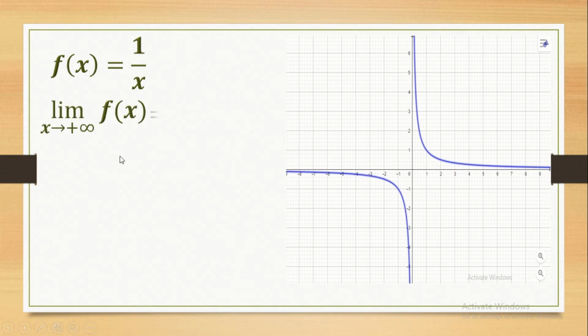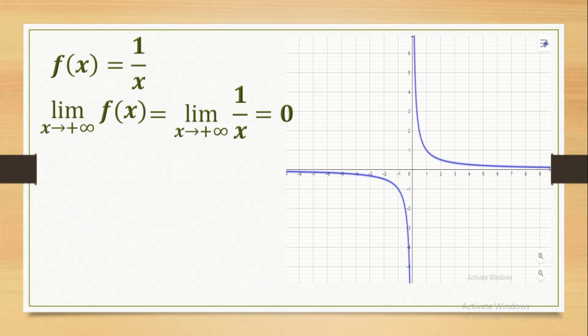Actually, when we have the function f of x equals 1 over x, then its limit at plus or minus infinity will be 0. Let's have some examples to understand it more. If we have x, for example, is 100, then 1 over x will be 0.01. It's approximately 0. Now let's increase x a little.